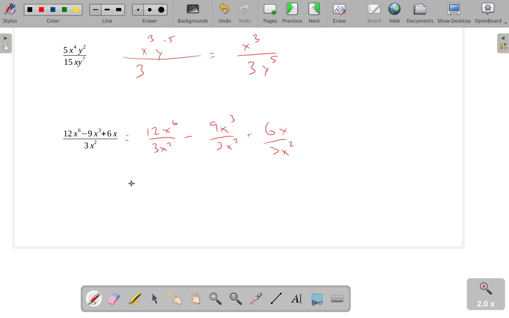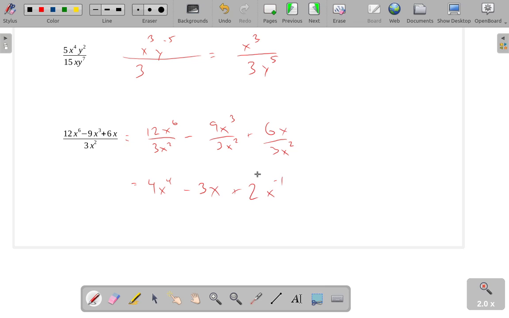Let's see. This first fraction, I can cancel a common factor of 3, leaving a 4 up top. And x to the 6th over x squared is x to the 4th. Here I get a 3x. 9 over 3 is 3. 3 minus 2 is 1, so this is x to the 1. And this one, I get 2x to the negative 1.